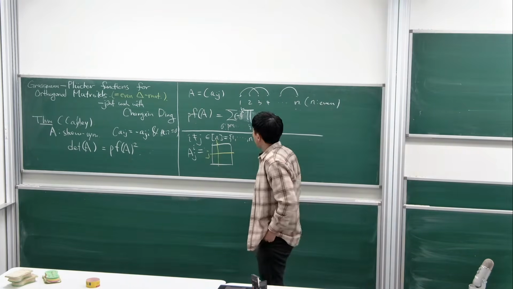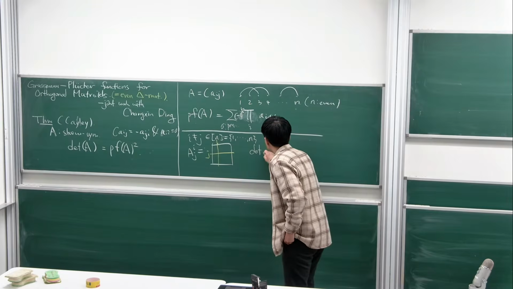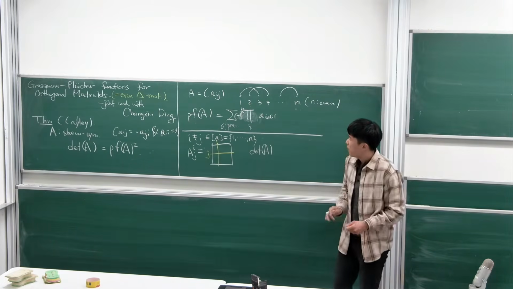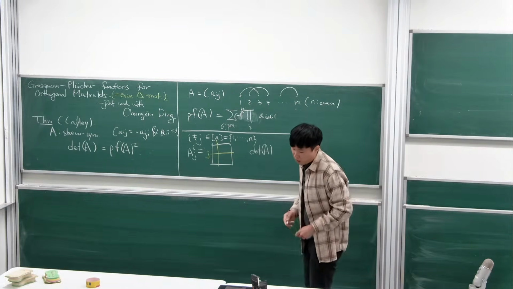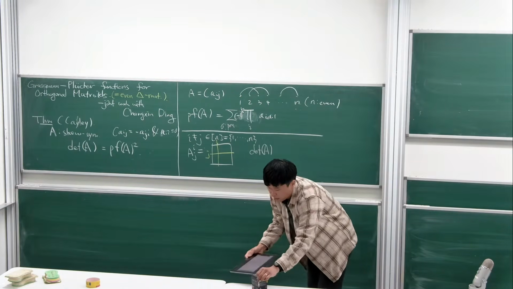What Cayley proved is that the determinant of A can also be written in terms of the Pfaffian of our original matrix A. More precisely, it can be written in the following form.